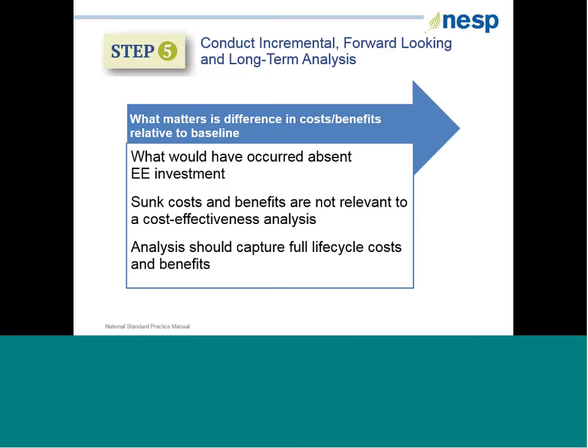And it differs from the other tests in that it includes the recovery of lost revenues. It assumes that the revenues that are lost from reduced sales are a cost, and they add it into the other costs and the benefits. And we argue that that is a flawed approach.